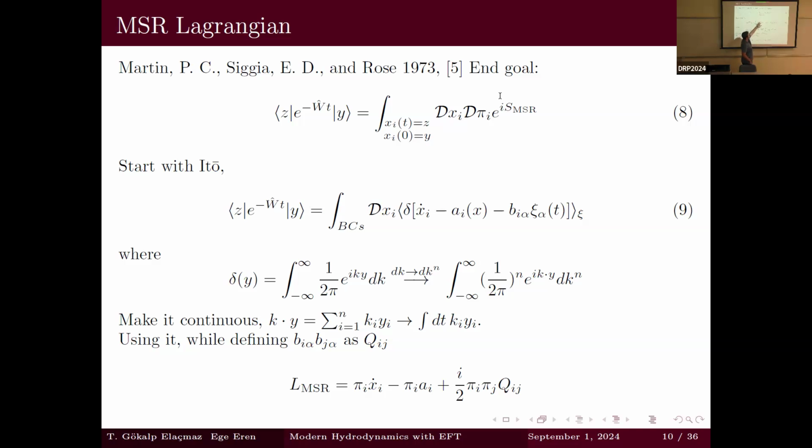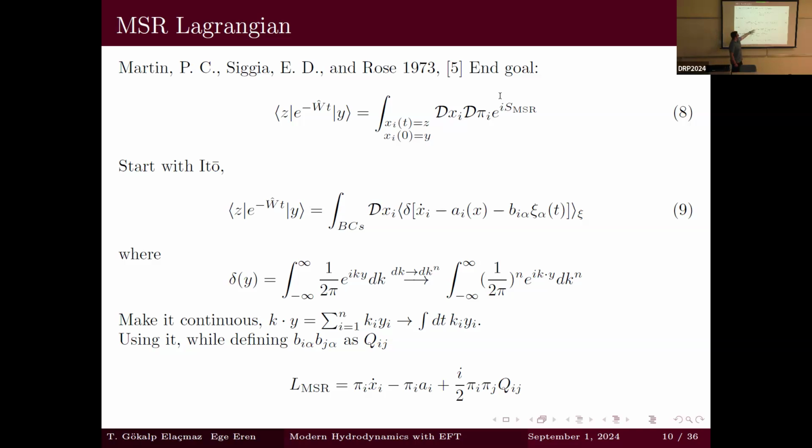This is a regular path integral developed by Feynman. And when we start with Ito, we put the Langevin equation here, and we get the noise average. So integrate out the psi. And then when we get the integral, we get the probability of going from Y to Z with delta t.